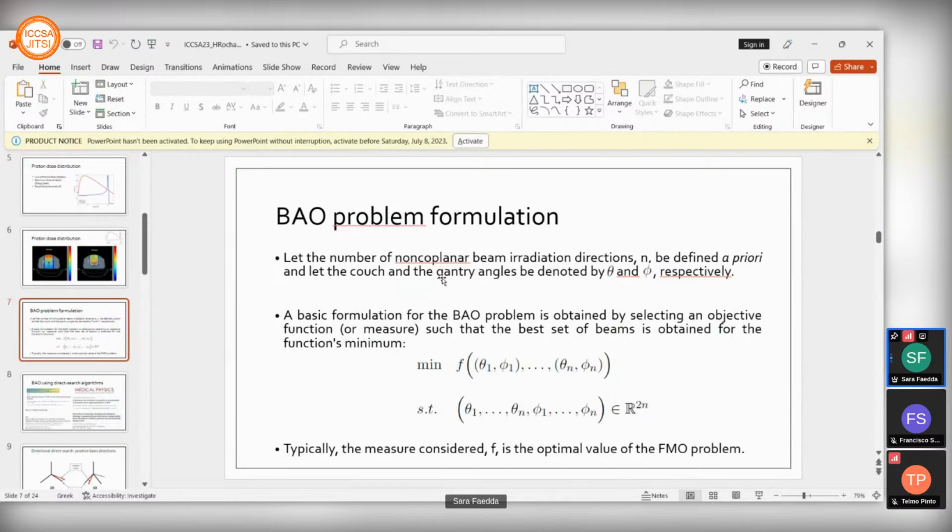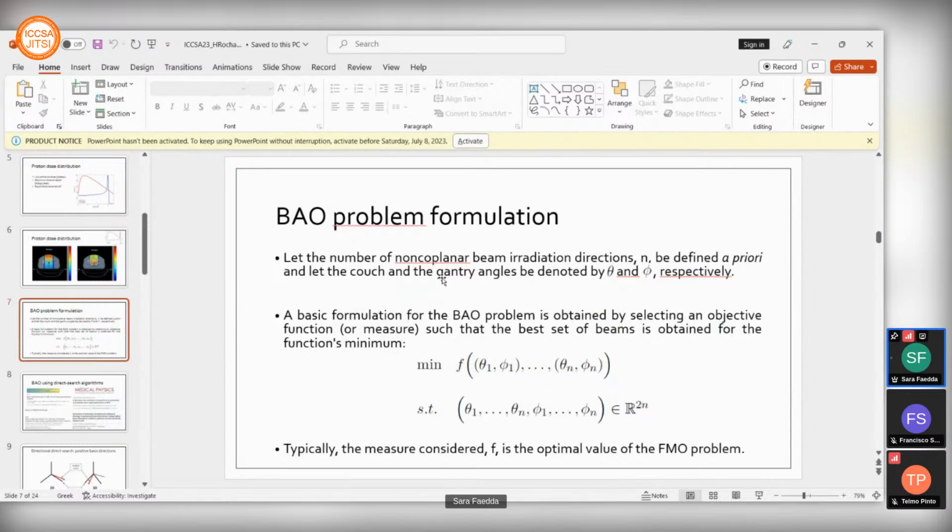In order to compare two beam angle sets, we need a measure or a function. Typically, the measure considered is the optimal value of the fluence map optimization problem. This is another problem that arises in treatment planning optimization. It's a very large scale problem, but not very difficult to solve. To simplify, we can consider this problem as a black box.